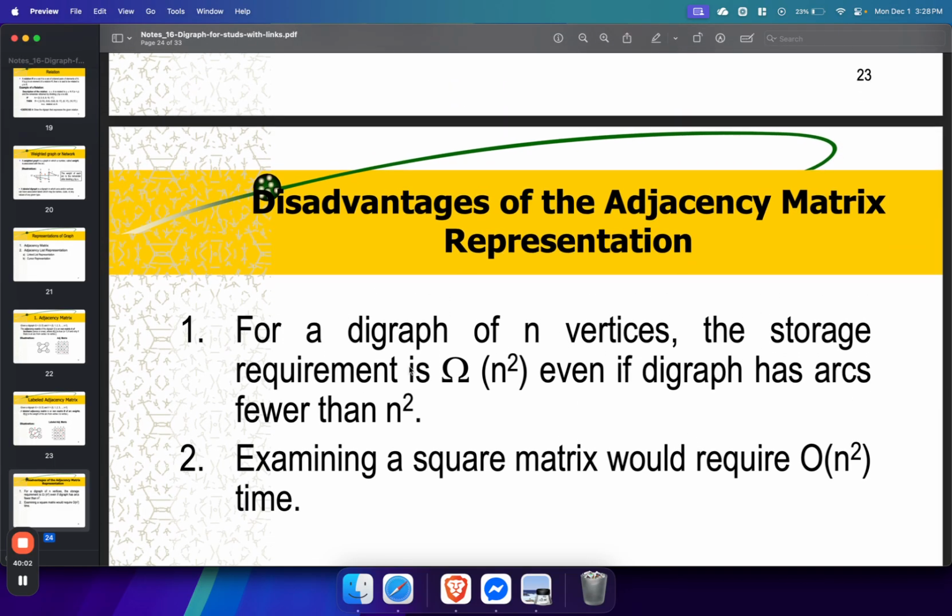So, what are the disadvantages of the adjacency matrix representation? One, for a digraph of n vertices, the storage requirement is omega of n squared, or you'll be using n squared space even if the digraph has fewer arcs than n squared.